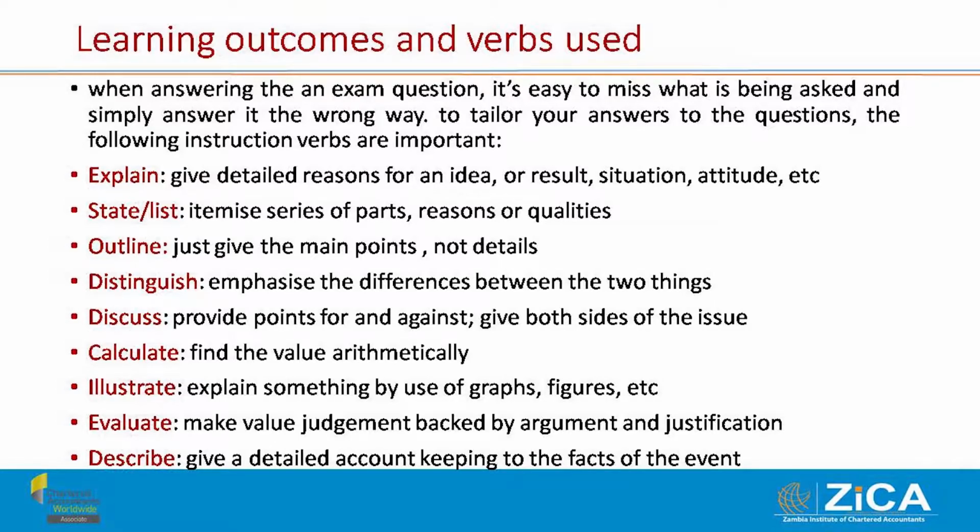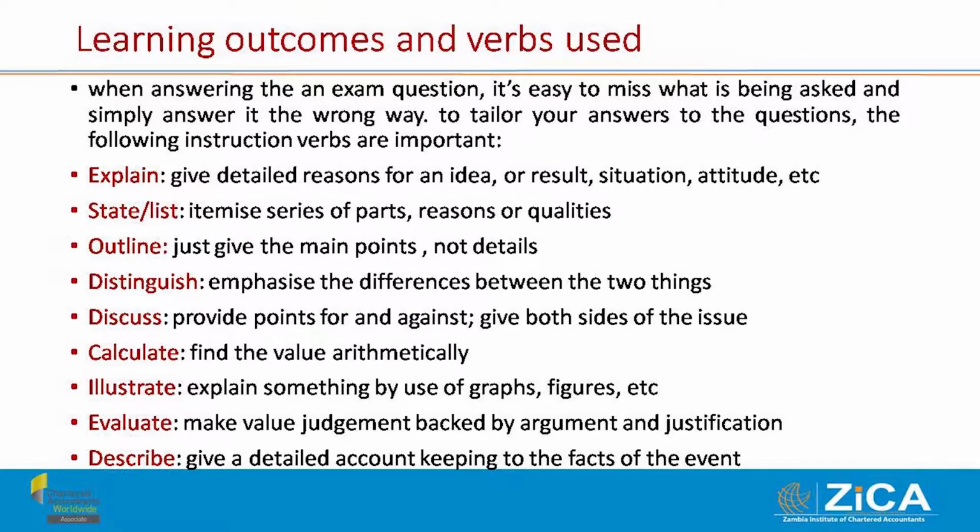When the question says contrast, you are looking for the differences again. But when the question says discuss, it means that you have to look at both sides of the situation, the arguments for and the arguments against. It is always very important that students understand these verbs so that they can provide the correct answers.